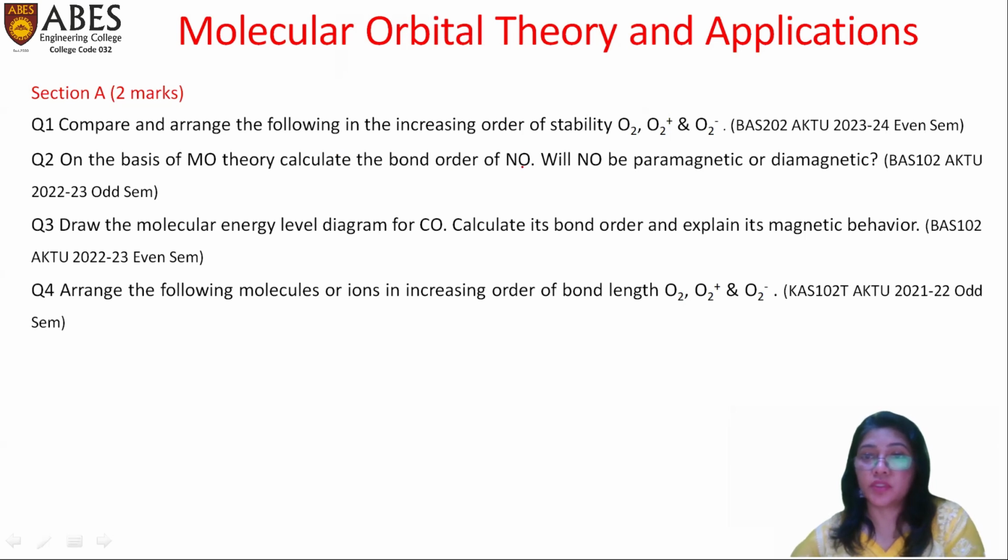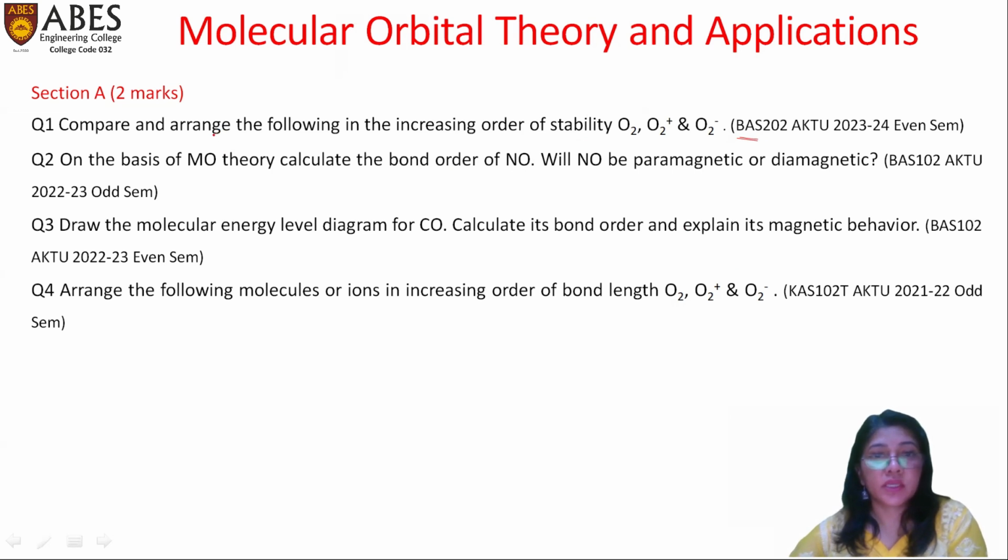There is some variation in the subject code as well. Right now we have the codes BAS 102 and 202, and earlier we used to have the codes KS 102T and KS 102. Some of the syllabus was revised for the present engineering chemistry syllabus.